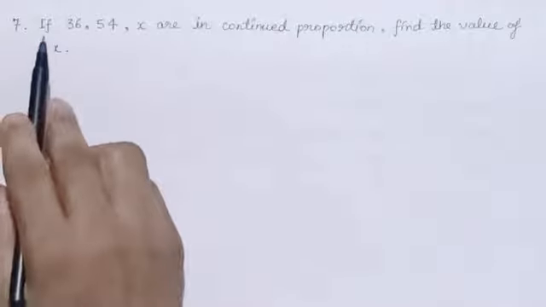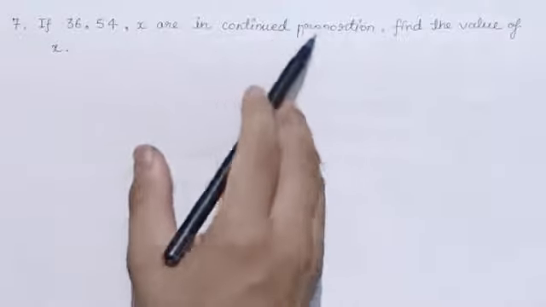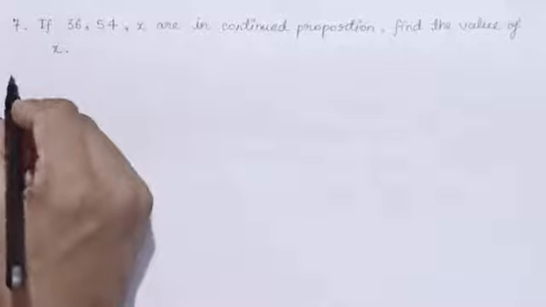The next question we have: if 36, 54 and x are in continued proportion, find the value of x. Now let us see the solution.